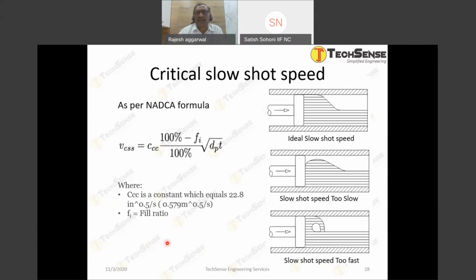So for the critical slow shot speed, Nadka defines a certain formula based on the fill ratio and the plunger tip diameter. The dP is the plunger tip diameter, Fi is the fill ratio, right?